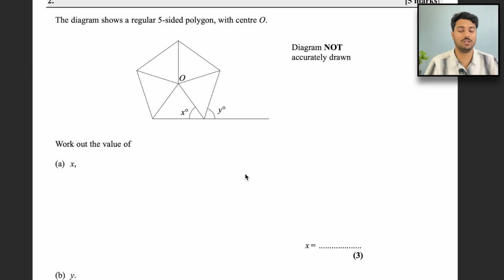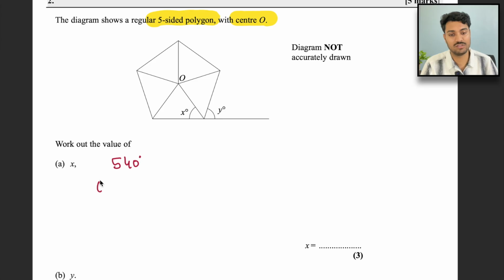It's a 5-marker question. It says the diagram shows a regular 5-sided polygon with center O. Work out the value of X and the value of Y. The sum of the interior angles of a regular pentagon is 540 degrees, and each interior angle is 540 by 5, which is 108 degrees.